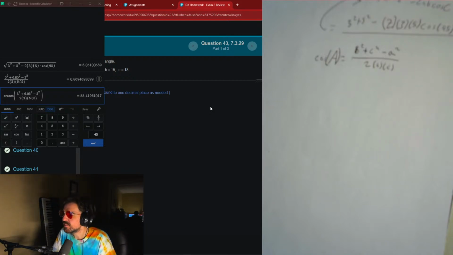Solve the triangle. Okay, same thing, man. But it's now way easier. Because all you gotta do is use this one formula for finding angles. And then just keep rotating these ones in and out.